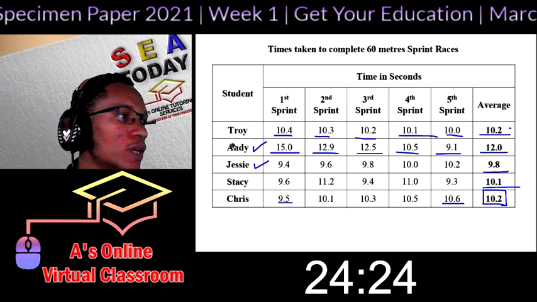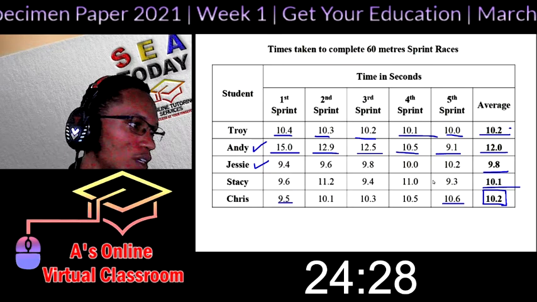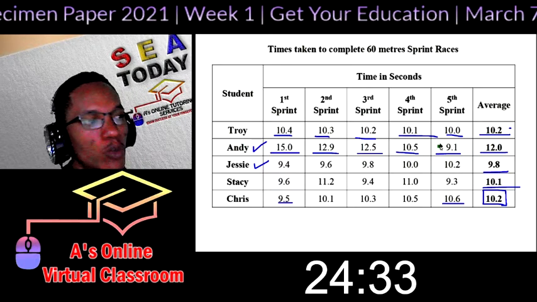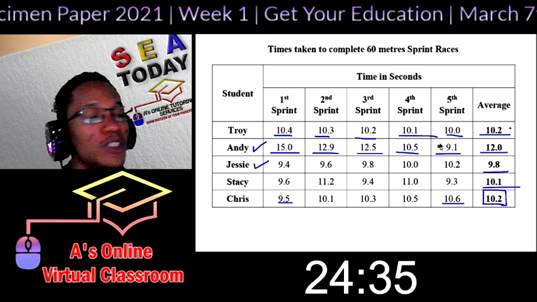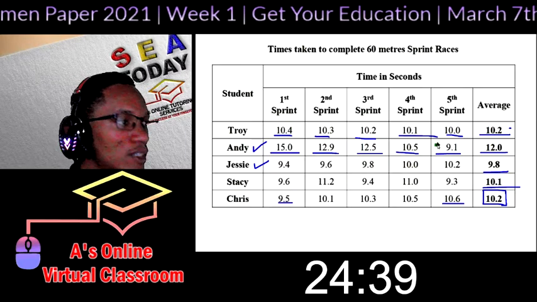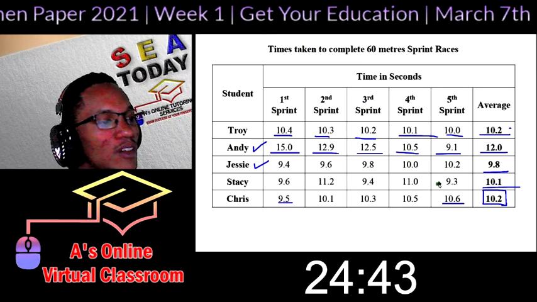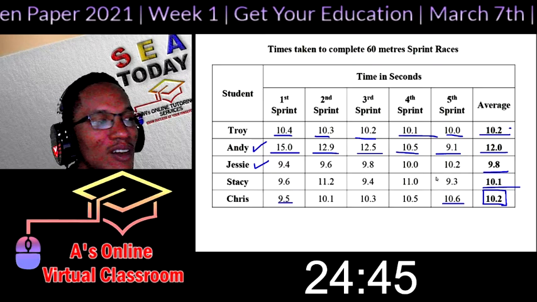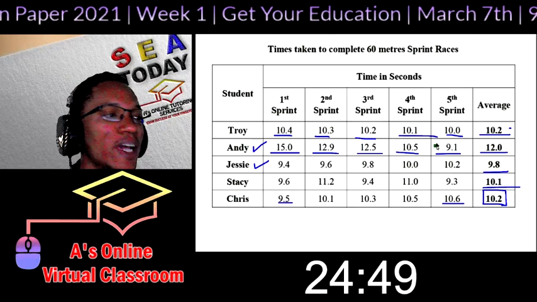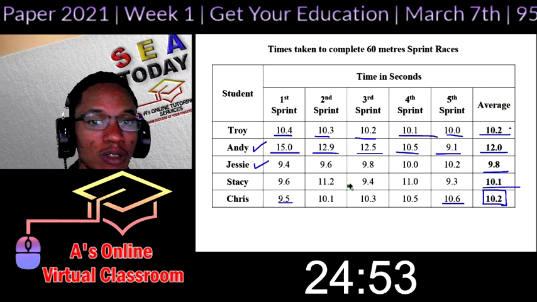Because nobody else in all the races came close to 9.1 seconds, which is the fastest time out of everybody here. The closest thing to 9.1 is not even 9.2, it's 9.3 and up. So Andy has the ability to run extremely fast, faster than anybody else in his school.